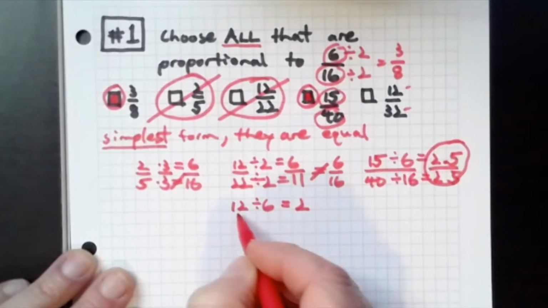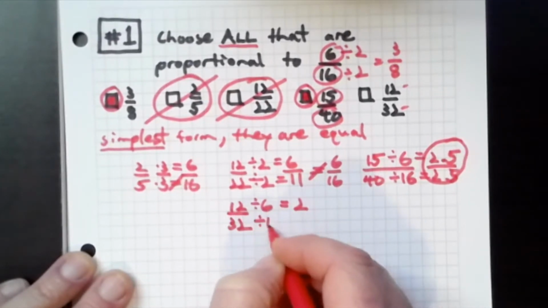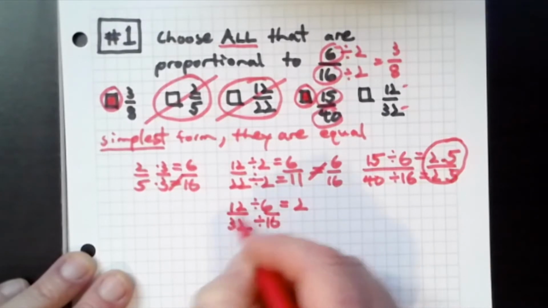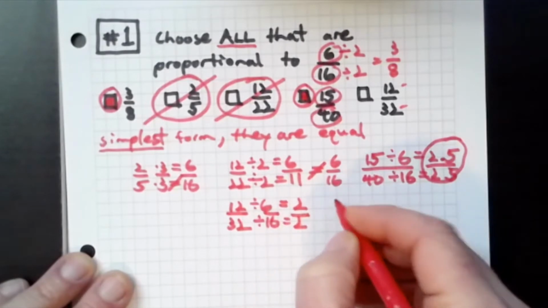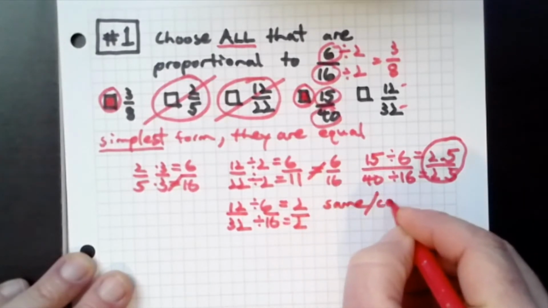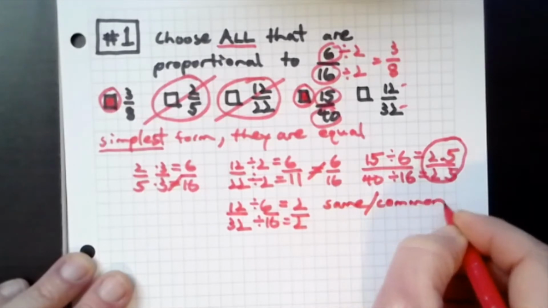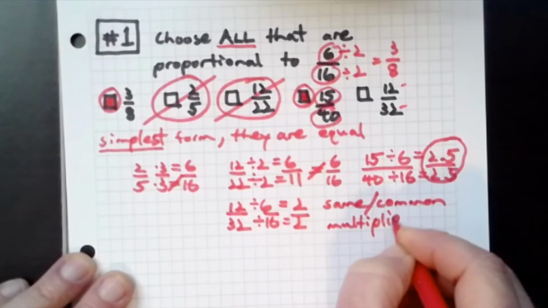Always start and go in the same order. First, the larger fraction, the second fraction. I end up with the same, with the common, let's get the lingo right, with a common multiplier, common factor.